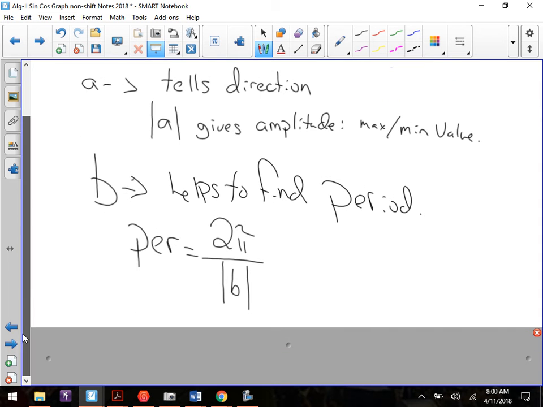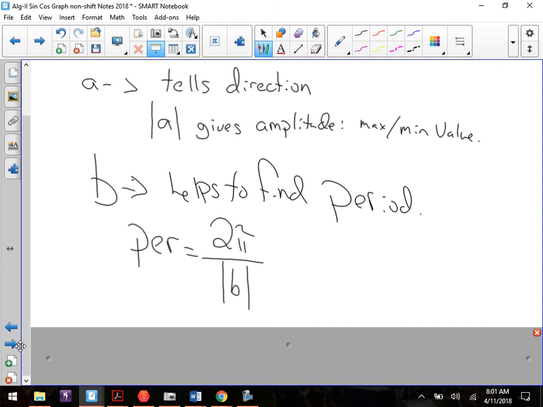So this b value helps define the period. For sines and cosines, the period will always be 2 pi over the absolute value of b.